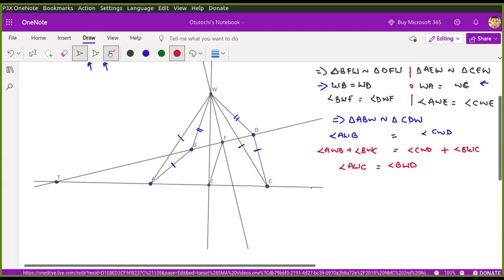Now to do that, let's consider triangles BWF and AWE. Basically we have angle BWF is equal to angle DWF. Of course they sum up to angle BWD, so each is equal to half of that.